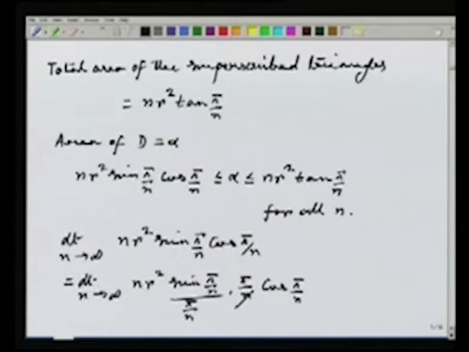Now these two n's cancel each other. Notice that this portion as n goes to infinity has the limit 1, because pi by n goes to 0 and cos pi by n then goes to 1. So the net result is pi r square. So one thing then is certainly clear, that this implies that pi r square is less or equal to alpha.